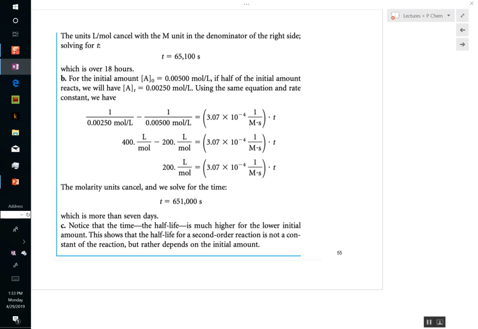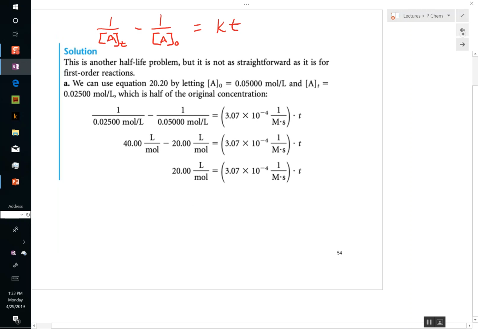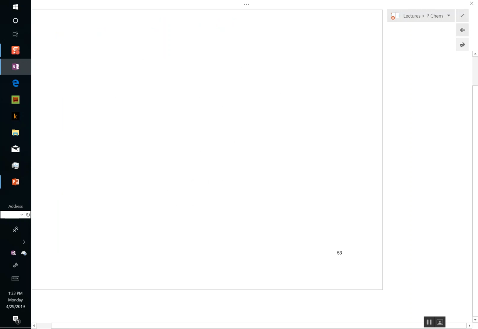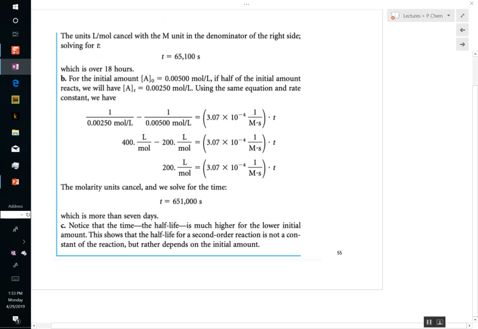And then it asks us in here, comment on the answers. Now, if this were a first order reaction, it wouldn't matter what the concentration was to start with. It would still take the same amount of time to halve it, right?